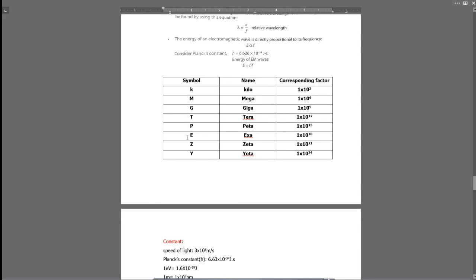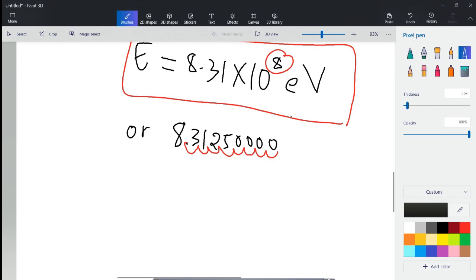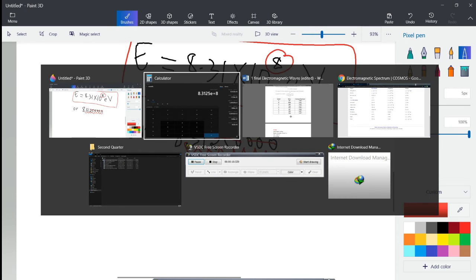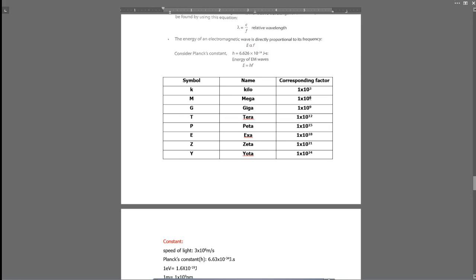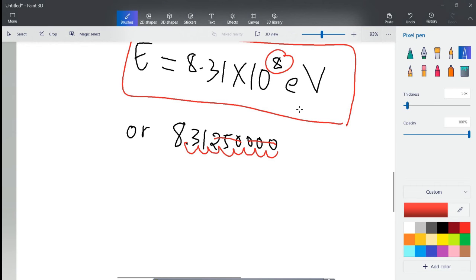So let's move the decimal place by 8: 1 2 3 4 5 6 7 8. You put some zeros. Since there is no prefix for 8, it is under mega, it's not in giga.